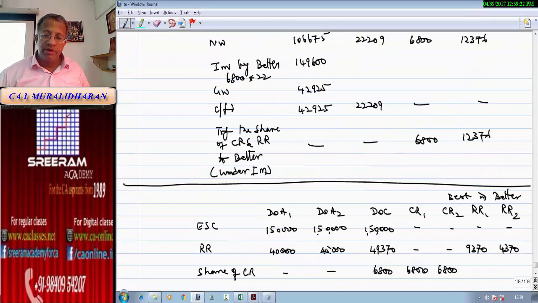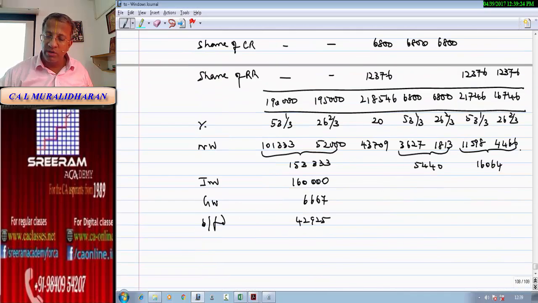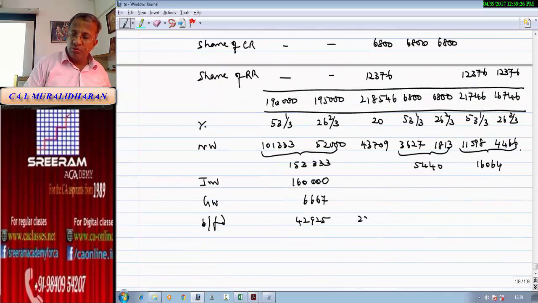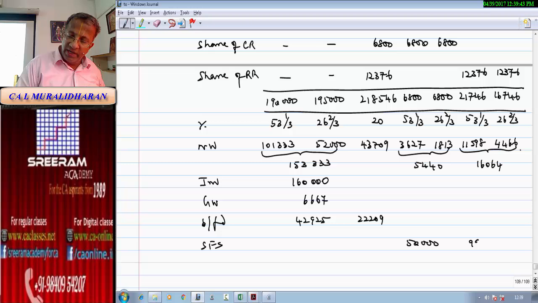42,925. Minority interest 22,209. Then SFS, there is no goodwill there. You have capital reserve 50,000, revenue reserve 99,540.